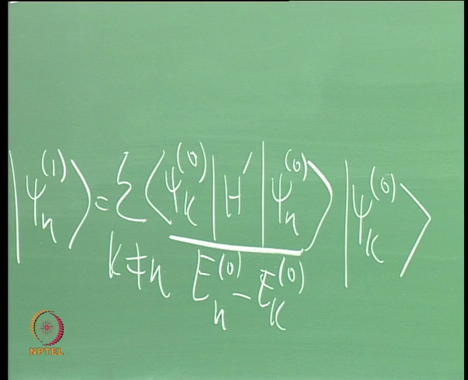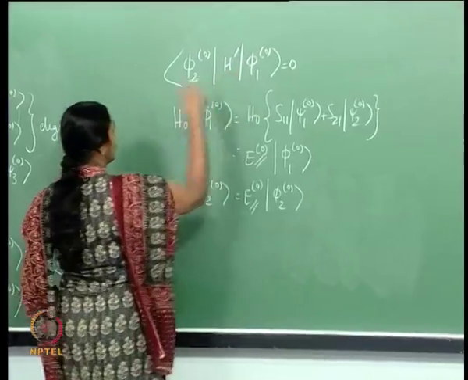So, in this example k and n can only take values 1 and 2, and of course, psi has to be replaced by phi appropriately. And now, since the denominator becomes 0, the matrix element in the numerator should also be 0. So, this is certainly a requirement.